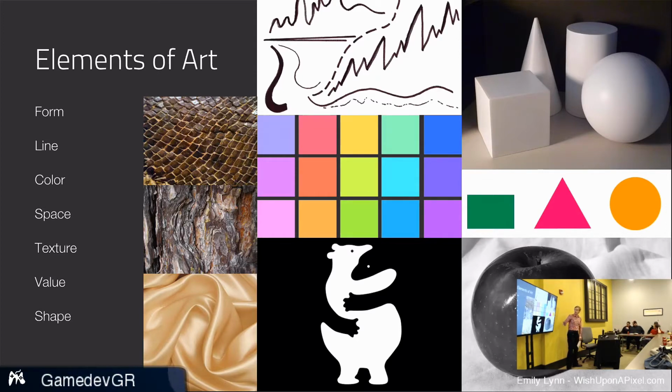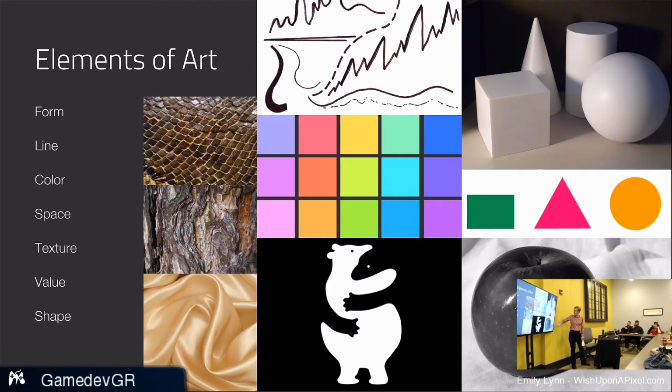Texture is the way that a surface feels or should feel like. Right here we have wood, and then we have scales, and also a silk fabric type. That's going to be vastly important as far as creating distinction between characters, environment, ground versus the sky and trees.